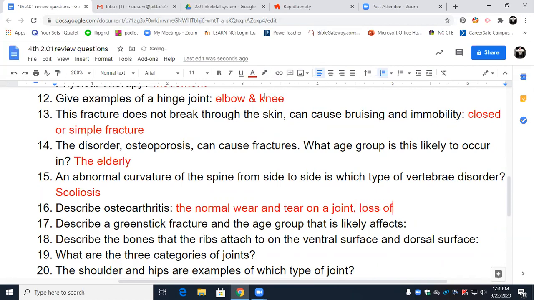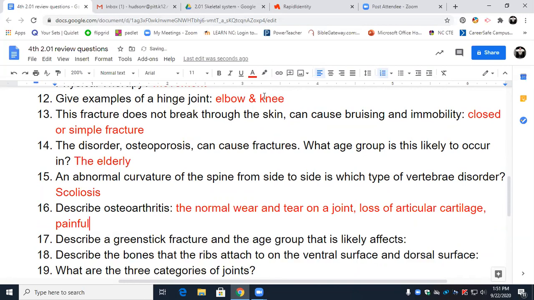Loss of articular cartilage. Painful, stiff joints. So this just comes with, again, getting older. Not everybody, some people will have osteoarthritis worse than others.